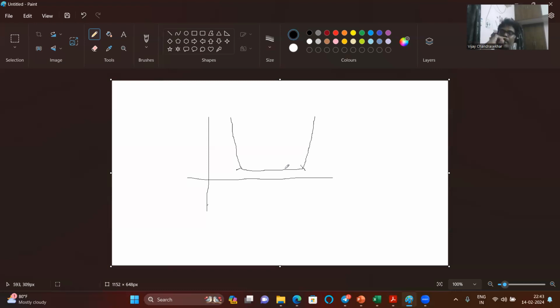Okay, let me ask a question here. Where do you think this whole figure that you see in front of you is the most curved portion? Which part of this whole figure is the most curvaceous part?